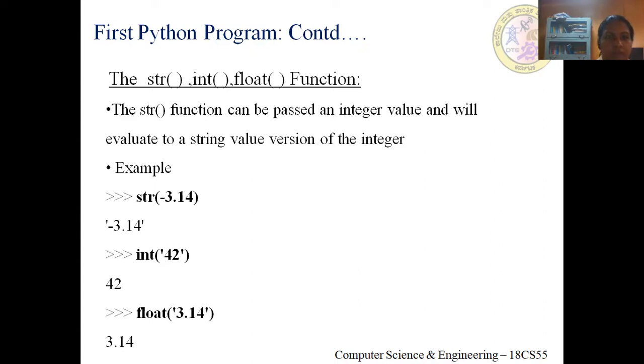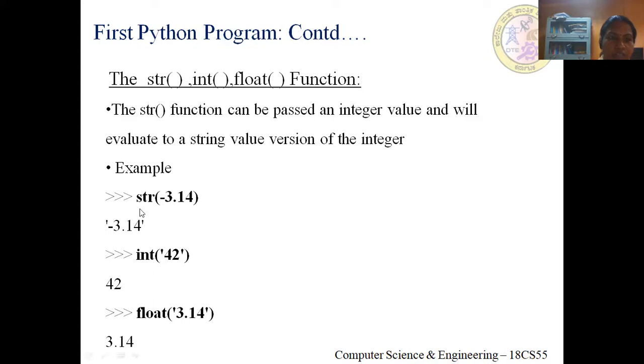Next we'll come across three important functions, that is str, int and float. The str function can be passed an integer value and it will evaluate to a string version of the integer. Whenever you want to convert one value to another data type, implicit conversion or explicit conversion, which we have already studied, we call this particular function.